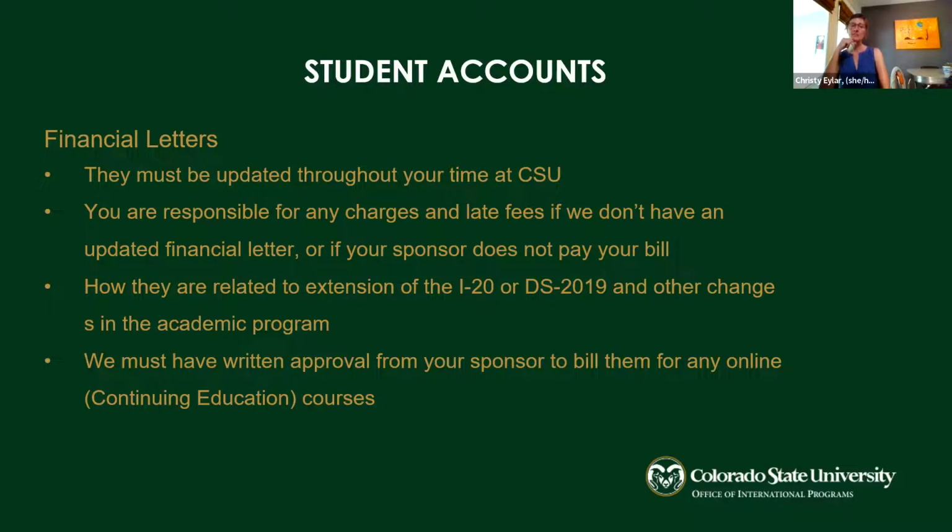And if we don't have a sponsor letter for you showing that that new major is covered, it puts your immigration status in jeopardy, because you're no longer in status because you haven't shown funding for that new major. So make sure you're planning ahead with any changes like that, because it will impact your immigration status as sponsored students.